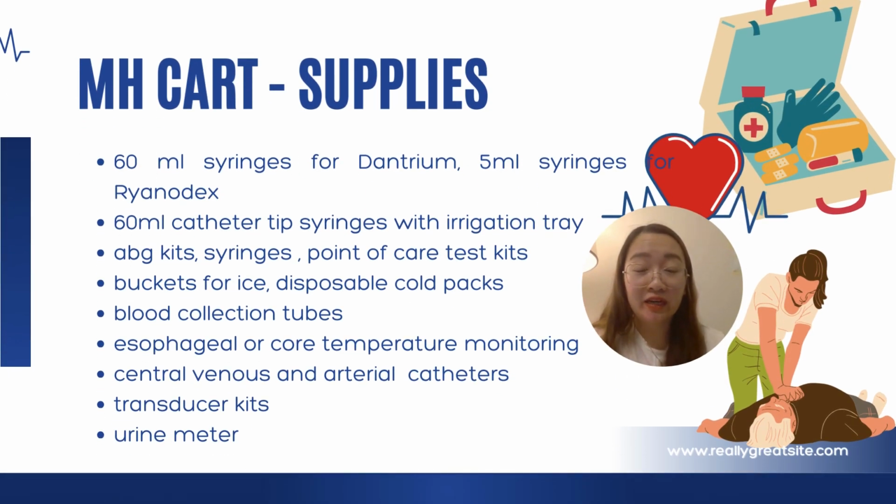So for the supplies in the MH cart, there will be 60 ml syringes for Dantrium and 5 ml syringes for Ryanodex. There will be 60 ml catheter tip syringes with irrigation tray to decrease the level of temperature of the patient.